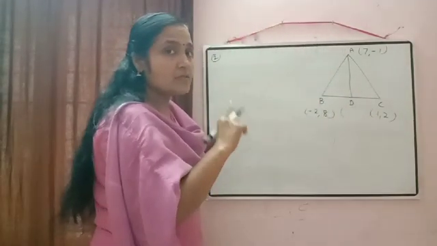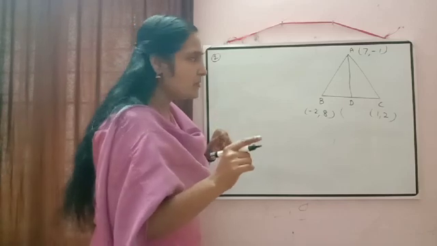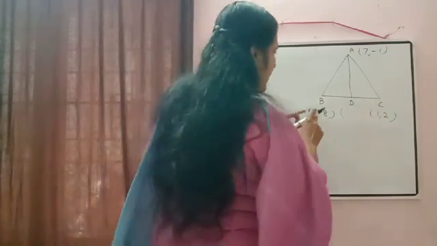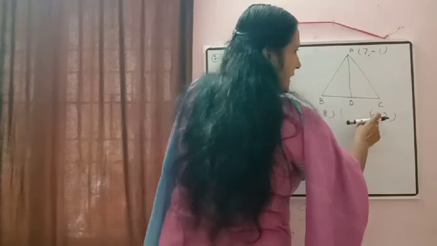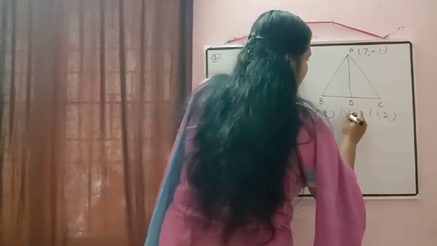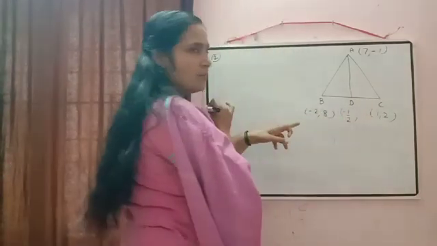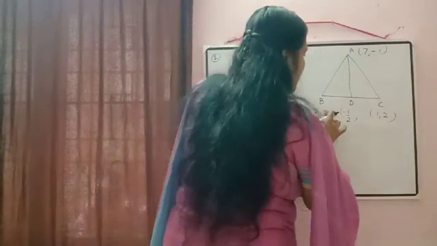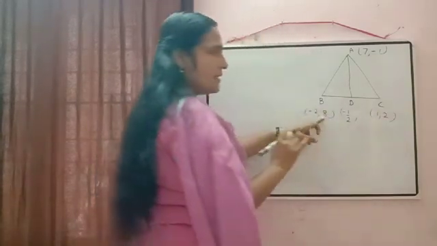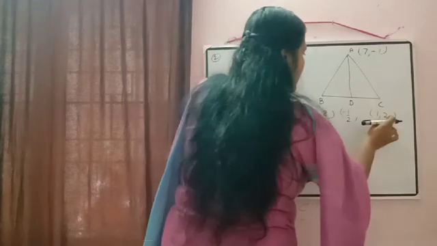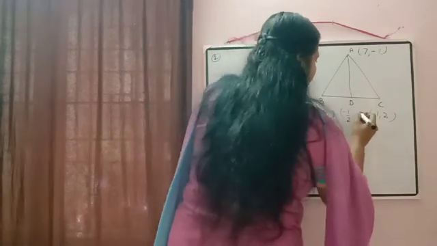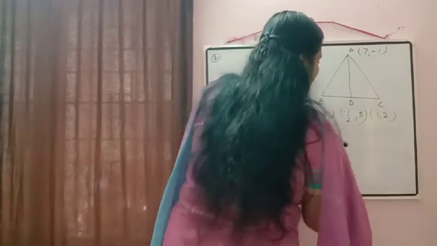Yes. x1 plus x2 divided by 2. So what will be the x coordinate? Minus 2 plus 1, so that will be minus 1 divided by 2. And the y coordinate will be y1 plus y2 divided by 2, so we will get 8 plus 2, 10 divided by 2 will be equal to 5.